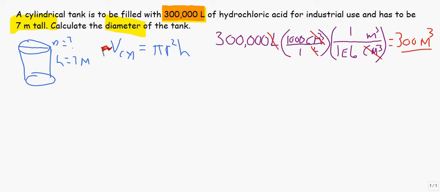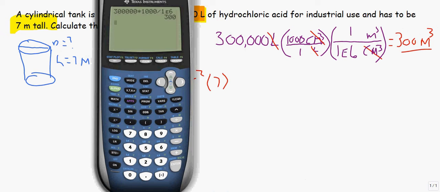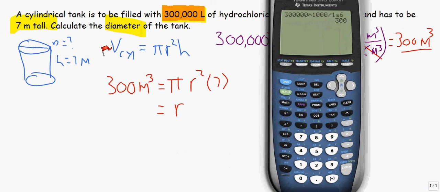So volume of the cylinder, now that I have it in 300 cubic meters, is equal to pi times r squared times, I know the height of my cylinder has to be 7. So let's go ahead and bring up the calculator and solve for the radius. Now I'm assuming algebra is something you guys can follow along with pretty easily. So I'm going to type in my 300 here.